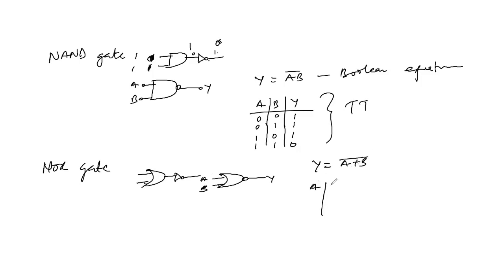So A, B, Y. We have two inputs, so for possible input combinations, 0 0, 1 1, 0 1, 1 0. So 0 plus 0 is 0 here, and it's inverted as 1. 0 plus 1 is 1 here, and inverted is 0. 1 plus 0 is 1 here, and once inverted, 0. And 1 plus 1 is 1, then inverted here. This is the truth table, while this is the Boolean expression.